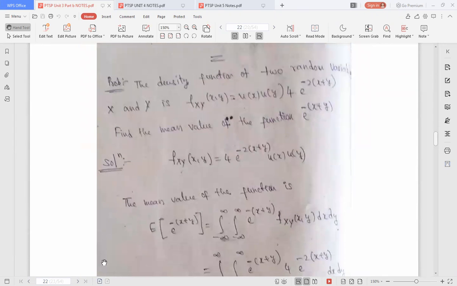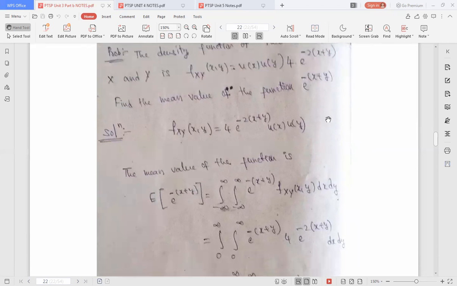Okay. Now let us see the problem. The problem is given like this. The joint density function of two random variables x and y is given as f xy of x comma y is equal to u of x, u of y, 4 e power minus 2 x plus y. Okay. Now we have to find the mean value of the function e power minus x plus y. Now what is the formula for finding the mean value?